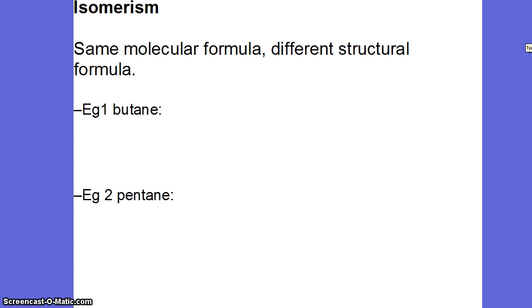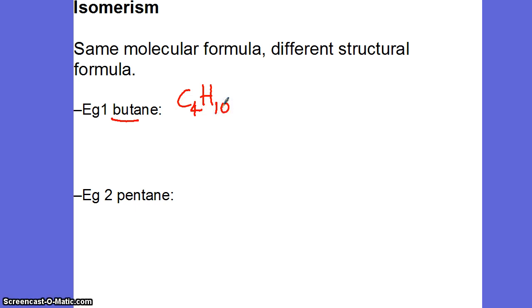Now, sometimes our alkanes don't form in a straight line. Now, hopefully you'll remember that butane, meerkats enjoy proper banter, has 4 carbons. C4H, well, 2 times 4 is 8, plus 2, 10. So C4H10.